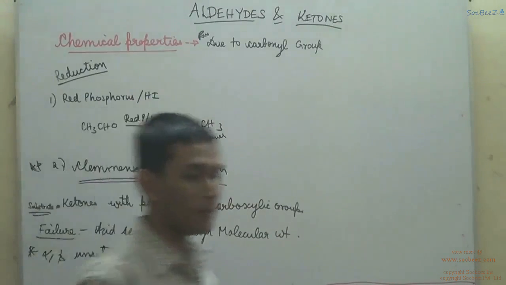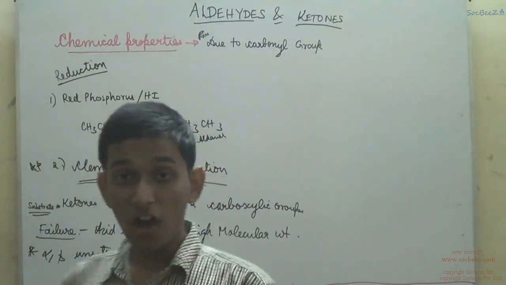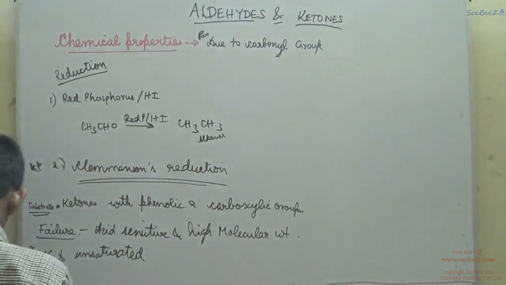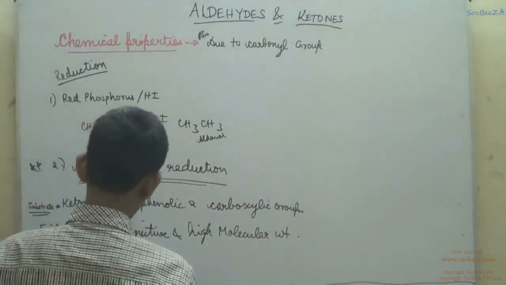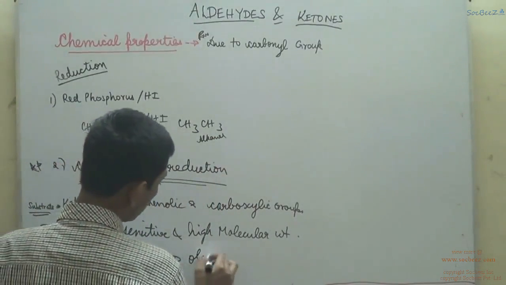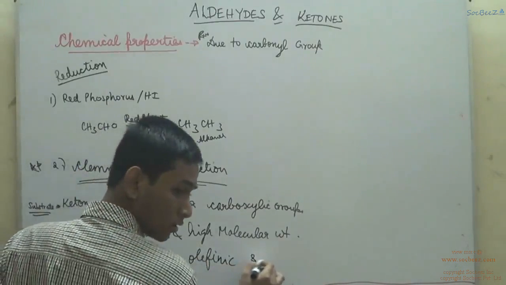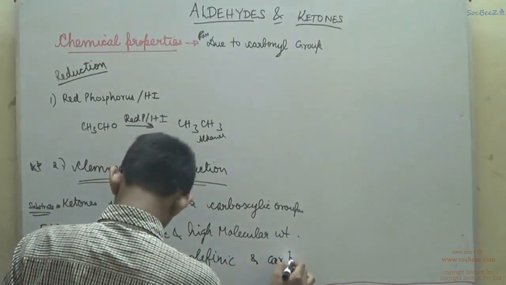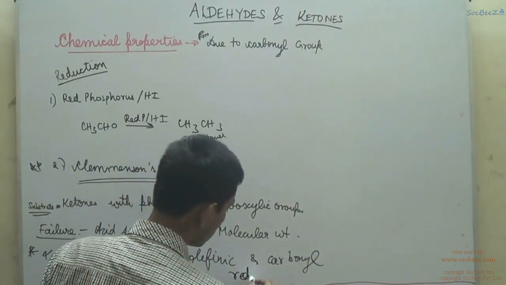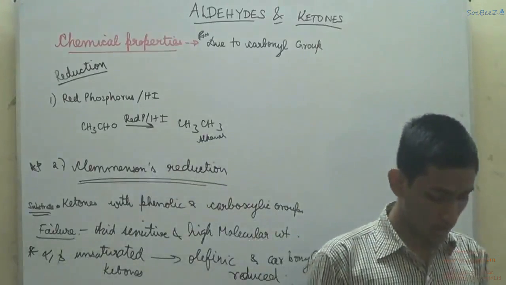If you use alpha beta unsaturated ketones, it leads to the reduction of both the olefinic group and also the carbonyl part. Okay, so that's the basic.